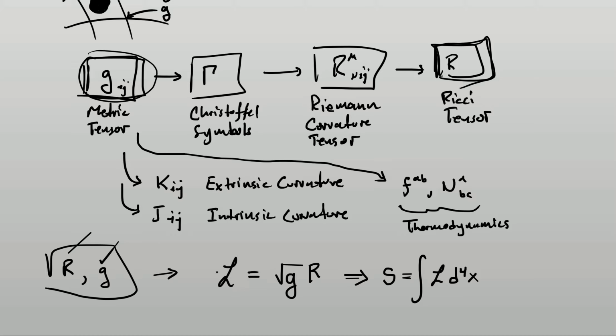But this is to say that the metric tensor is really connected to almost anything you could possibly think of when it comes to assessing and studying the physics of spacetime. And then from the Lagrangian, we can get the action, which is S.